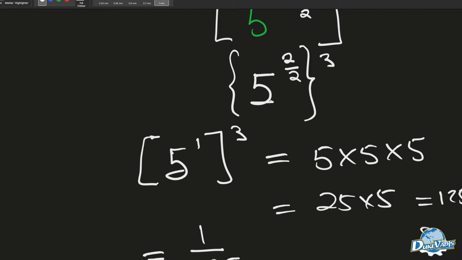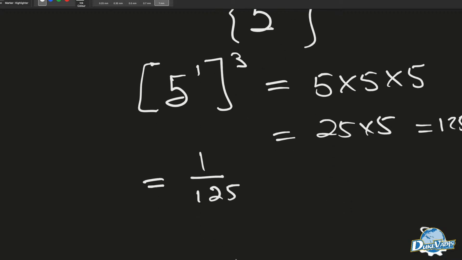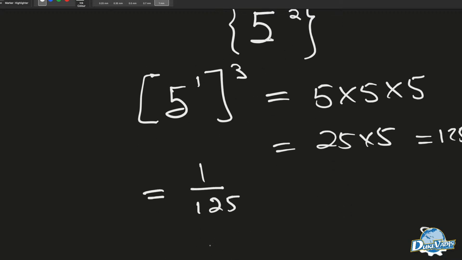If they ask you to compute this, it is easy. You take the calculator and you say 1 divided by 125. But we can also break it down further, because this can be written as 1 over 5 times 5 times 5, which is 1 over 5 raised to the power 3.